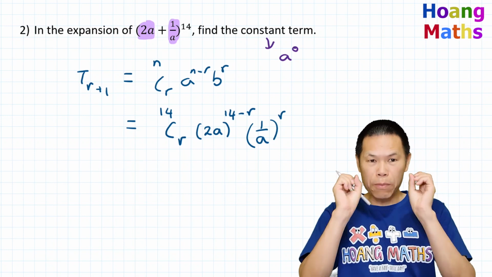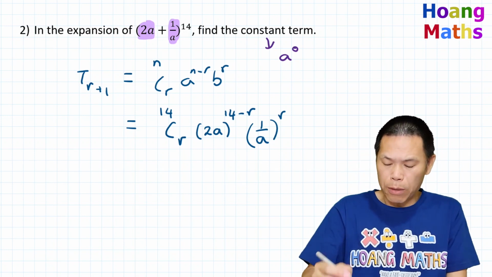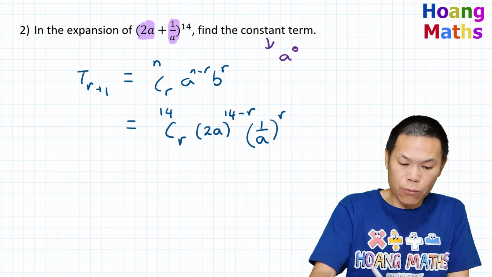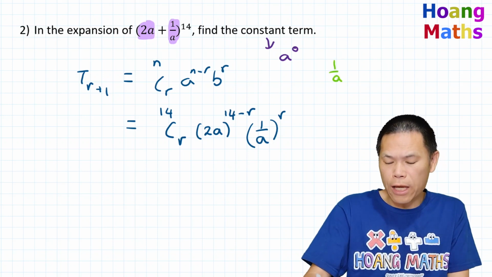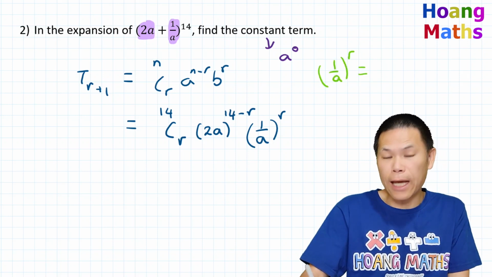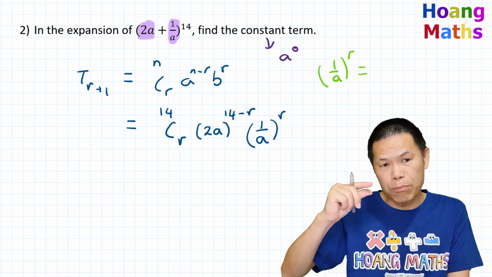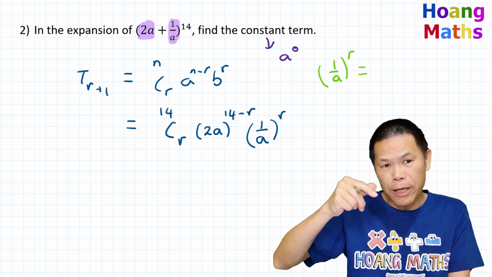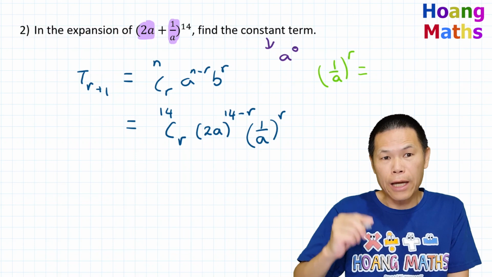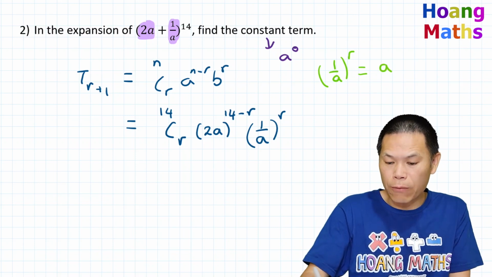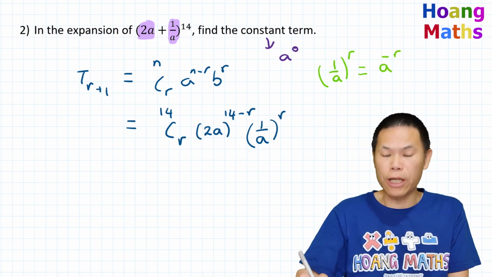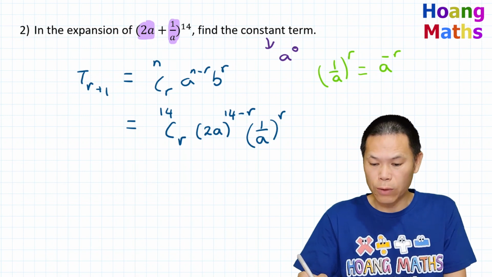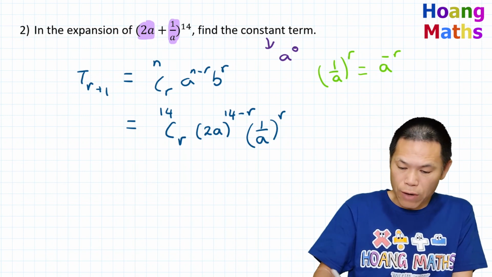So there you go. So let me just simplify this a bit more. Now don't forget, 1 over x to the power of r is exactly the same as, we can flip the inside of the bracket. So 1 over x becomes x over 1, which is x, and then, of course, the r is changed to negative. Positive changes to negative. So let me just rewrite this.